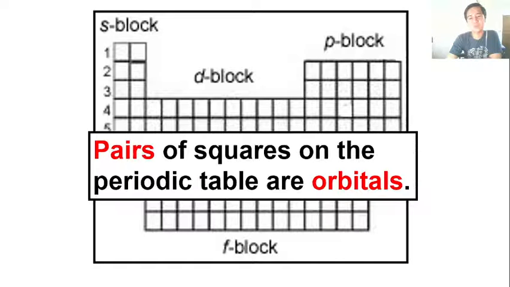So pairs of squares on the periodic table are actually orbitals. I know that you are very familiar with the periodic table. Each box represents an element in the periodic table, but actually, we can also use that as a representation for orbitals.